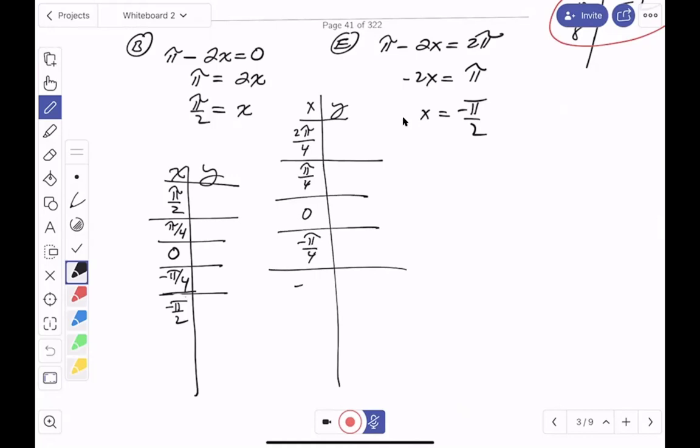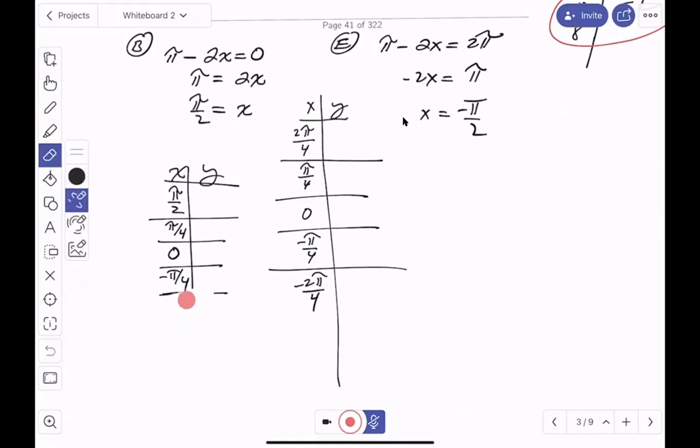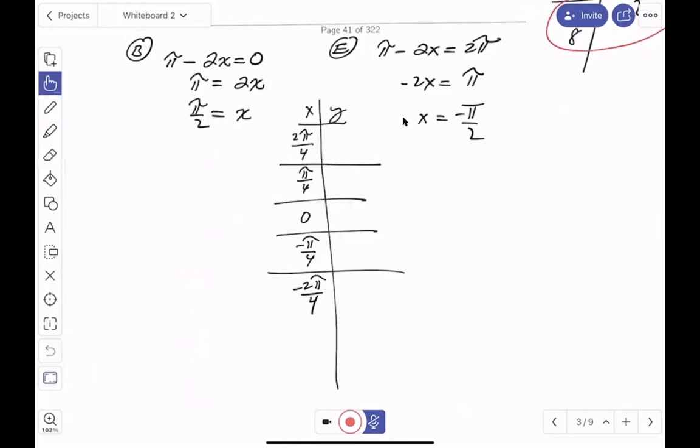Then minus 2 pi over 4, which I hope you realize is just simply minus pi over 2. And I think I can count that for a very, very long time, in either direction, by the way. Now, when I say that, I'm going to look at the picture, but the bottom line is that I could count those. What I may not be able to do is know what the y is until I look at it. Let's take a look at that.